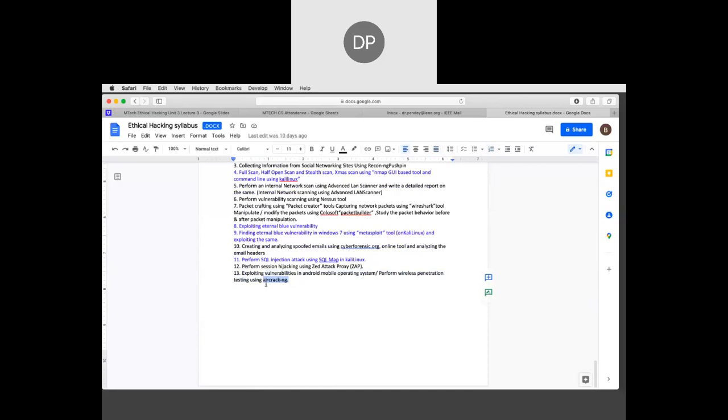So we'll try our best to do Aircrack-ng for performing wireless penetration testing. And also these both are different.